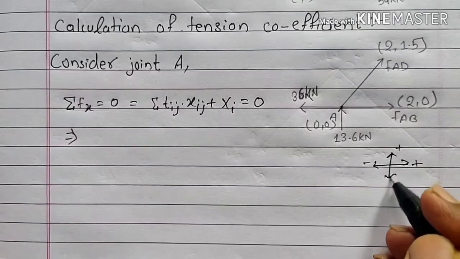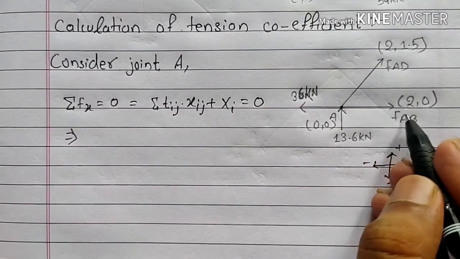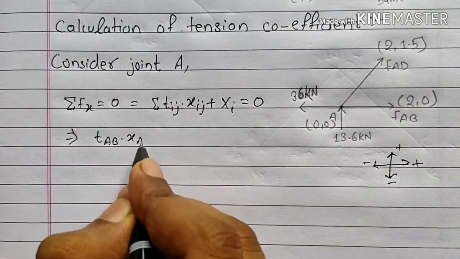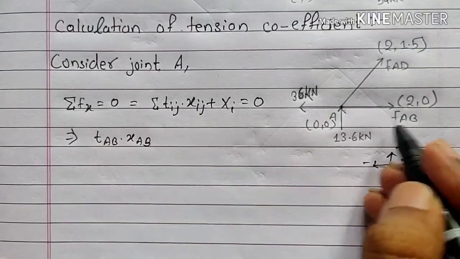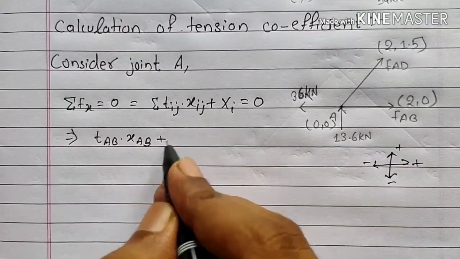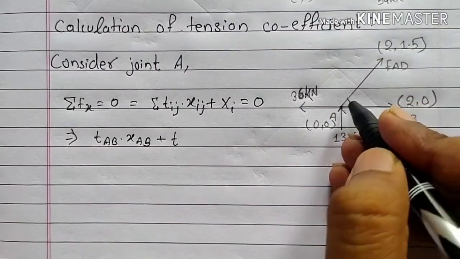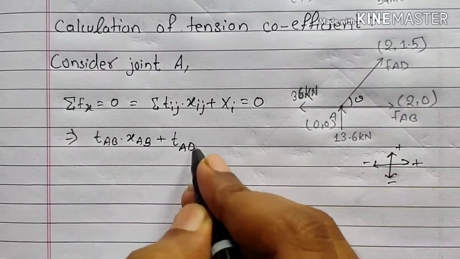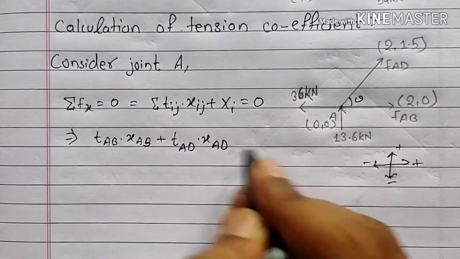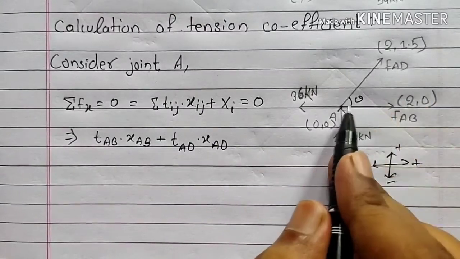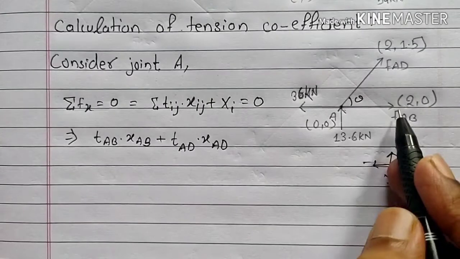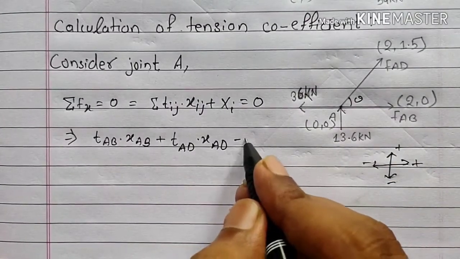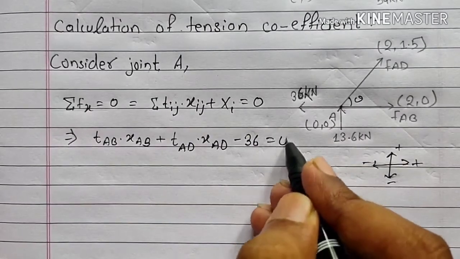So FAB can be written as TAB into XAB. Similarly FAD can be written as, because this FAD is acting at some angle theta, TAD into XAD. Both are acting on resolving, this will also take the direction of the positive x-axis, and this 36 kilonewton is taking negative, so minus 36 equals 0.